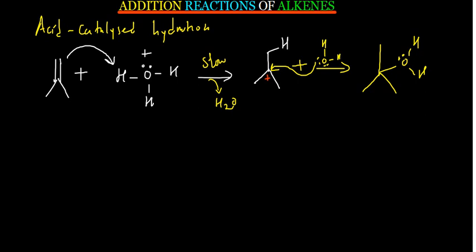So because of that, this oxygen is going to have a charge of +1. Why? Because oxygen has got 1, 2, 3, 4, 5 electrons in the outer shell, but we know that oxygen is in group 6. So 6 minus 5 gives us a formal charge of +1. And then from here, what is going to happen is that another water molecule is going to come and react.